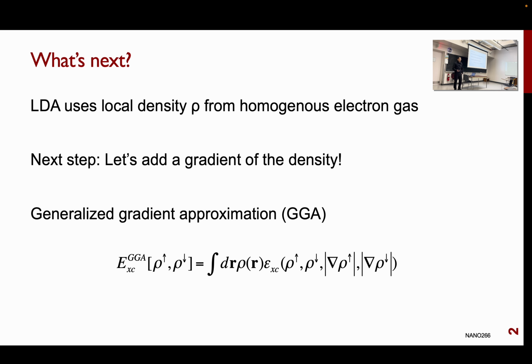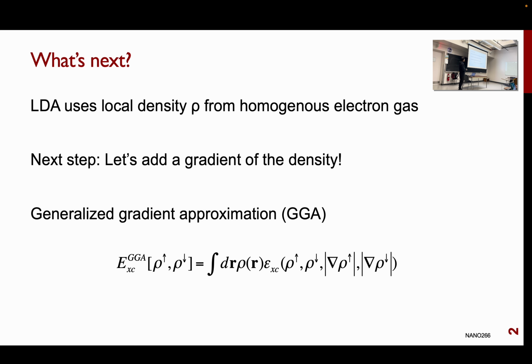So instead of thinking of my exchange correlation energy as just being related to the local density, I'm going to assume that my exchange correlation energy is a function of not just my local density, but also the gradient of the density at every single point, okay? And that leads to what is called the generalized gradient approximation, or GGA, right?